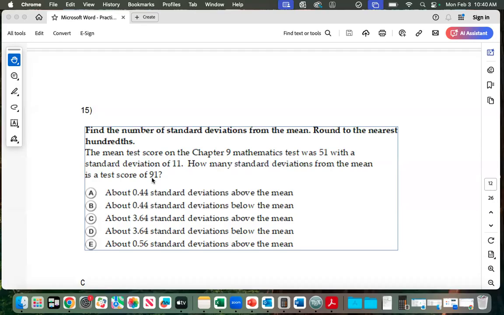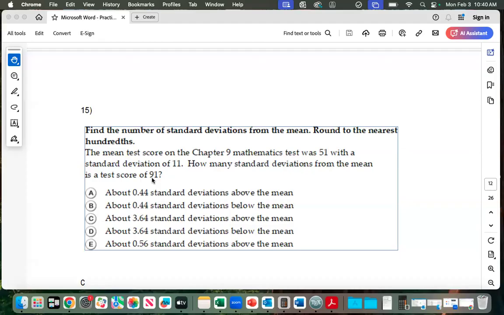We know that the z-score is given as (x minus mean) divided by standard deviation. So here our x is 91. What is the mean? 51. What is the standard deviation? 11. What do you get? 3.64.